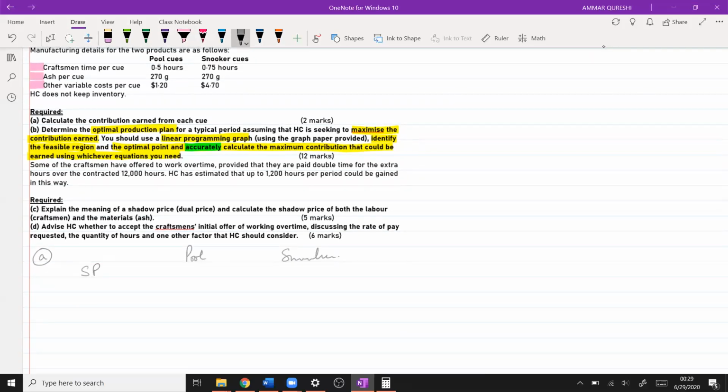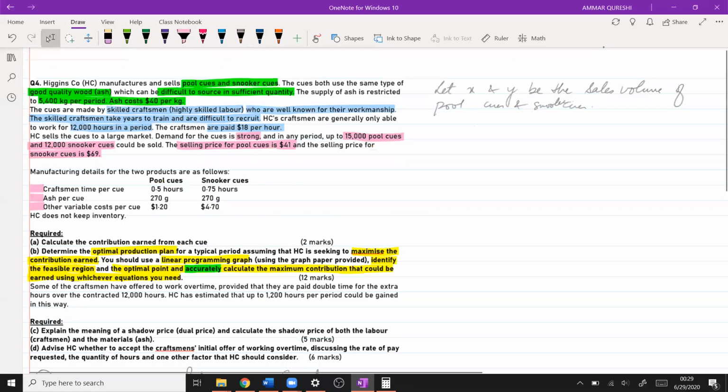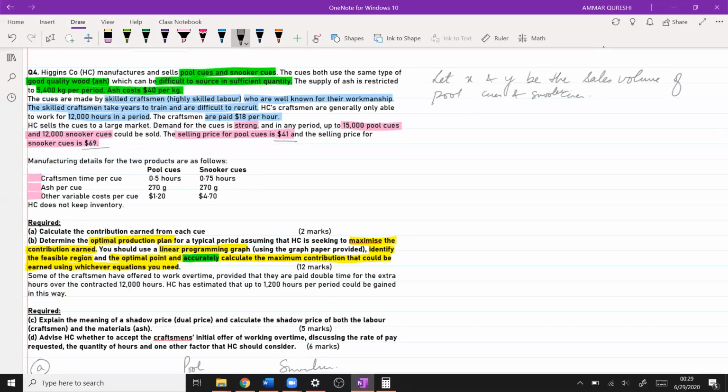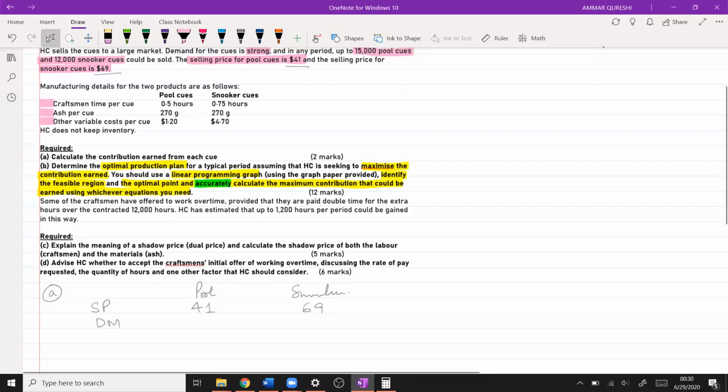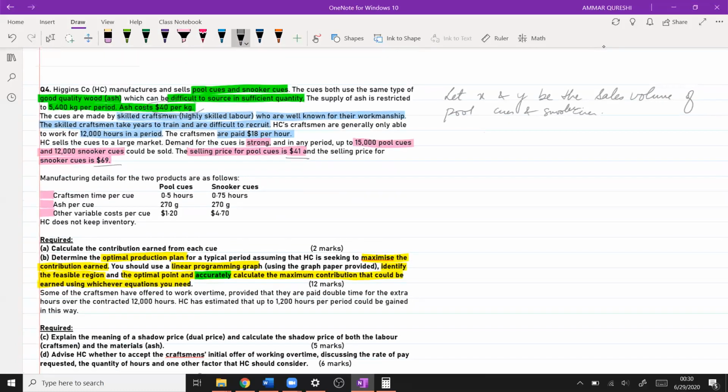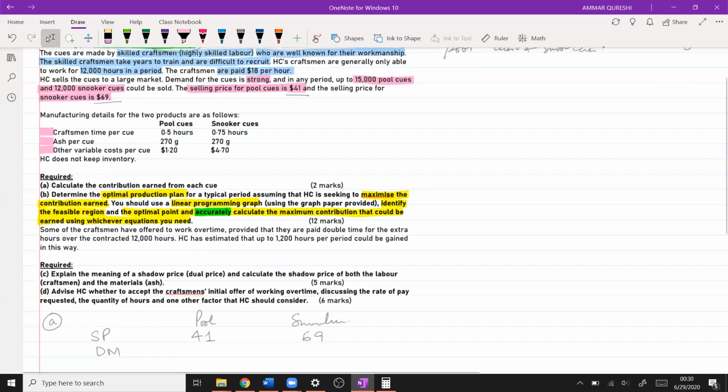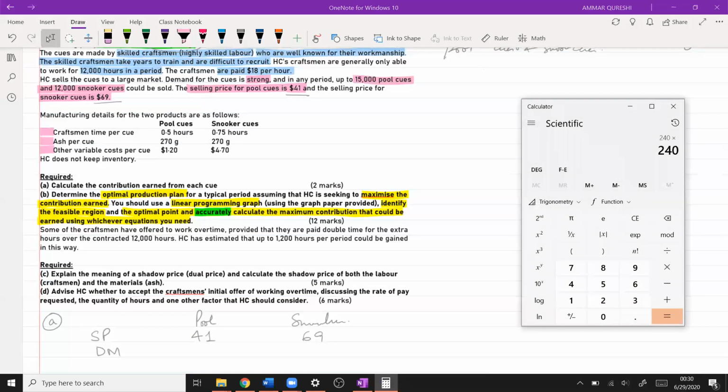Selling price is given here, 41 and 69. Then direct material is 270 grams of ash, and the price is $40 per kilogram. So 270 divided by 1,000 times 40.